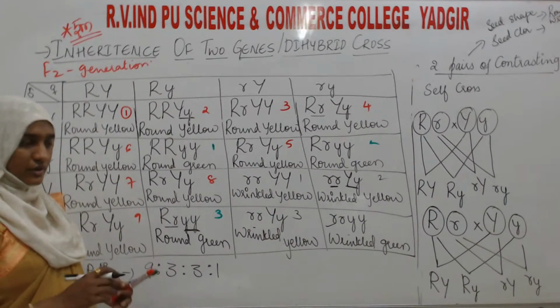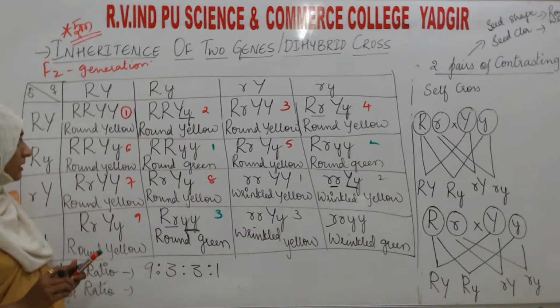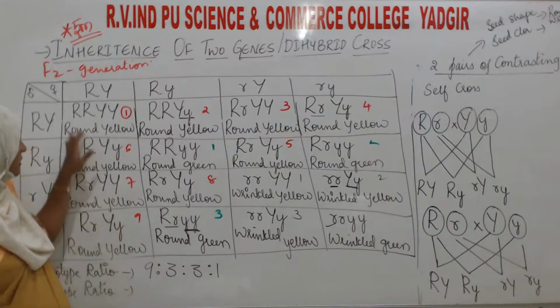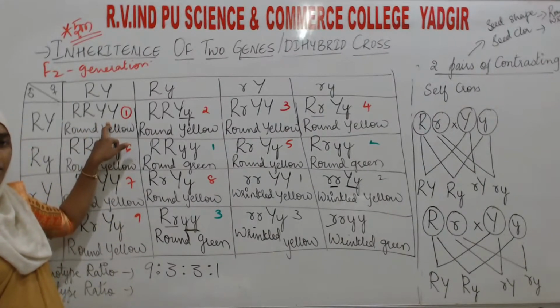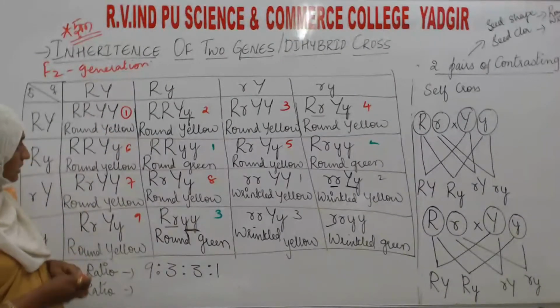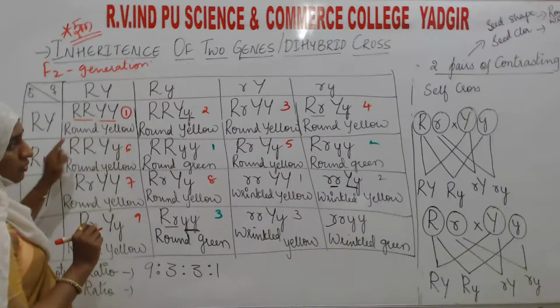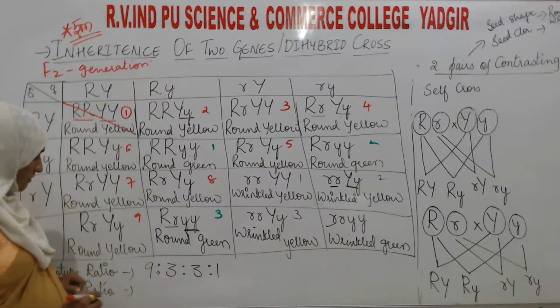Okay. So here in the genotype, we have to see only the genes. So see here. Like these, how many are there? We have to see. Like these genes here, it is capital R, capital Y, capital Y. Only one is there. This is 1.